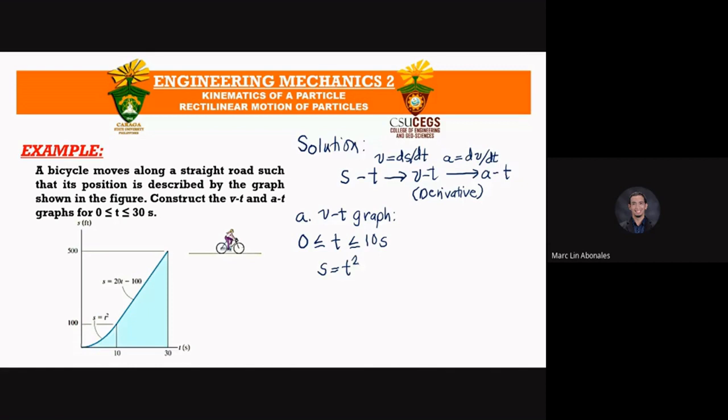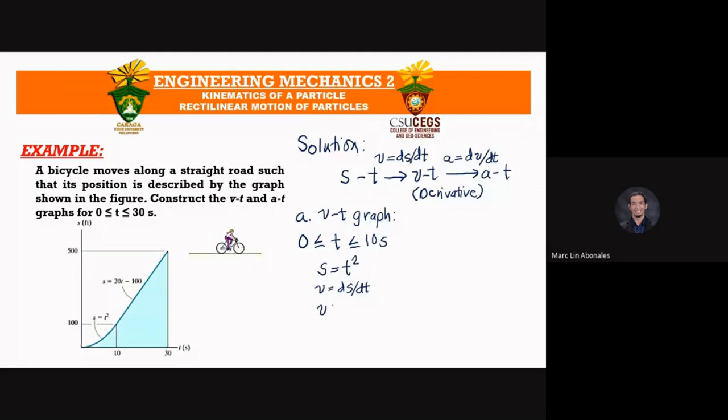From this equation, we need to convert it into a function that describes the velocity, using the kinematic equation v is equal to ds over dt. So we substitute here S, that is t squared.